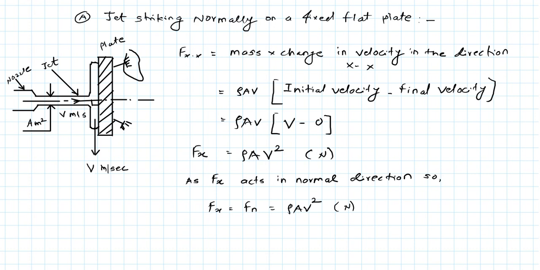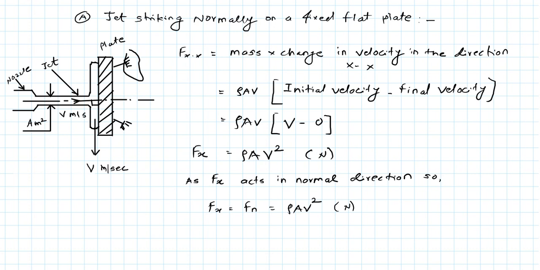This is the normal plate, the impact of jet in the normal direction. Let's say this will be our x direction. So we can calculate Fx is equal to mass into change in velocity in the direction of x, because the jet flows in x, so the change in velocity also happens in the x direction.